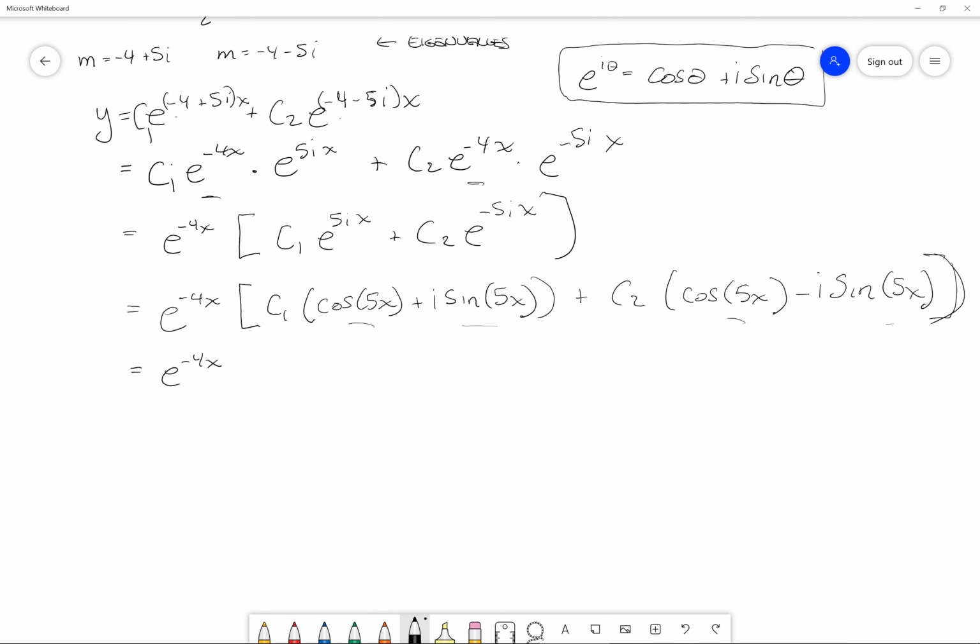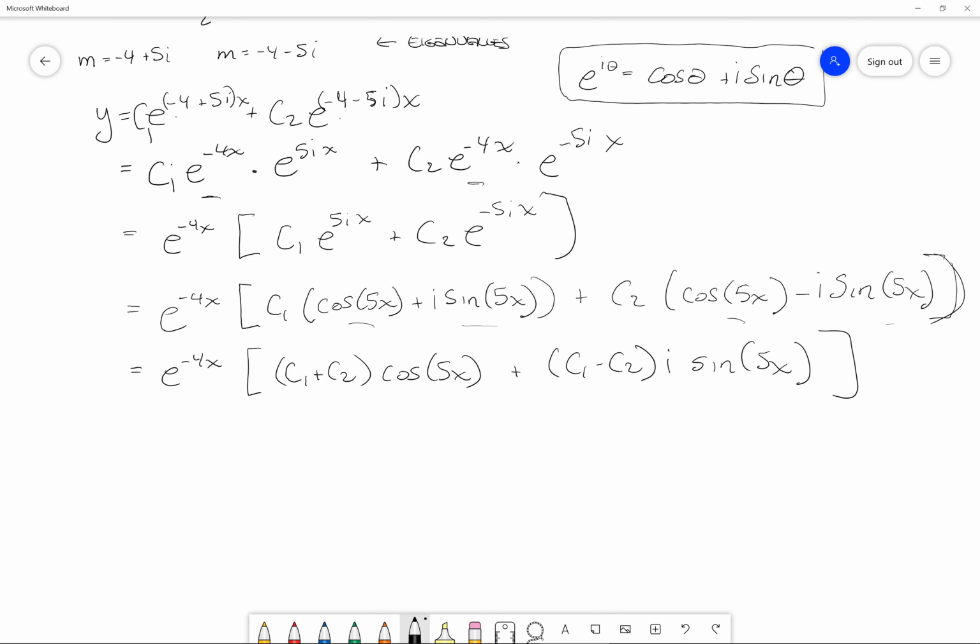If we take c1 plus c2, we can combine them, that's how many cos of 5x we have. And then we have c1 minus c2, again times i, and then times sine of 5x.